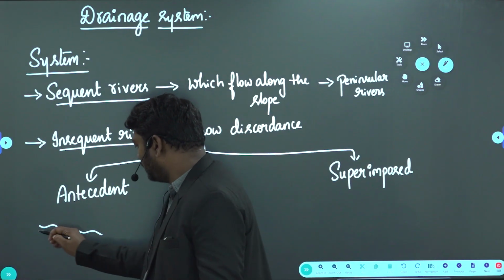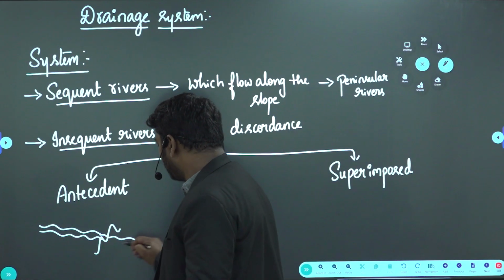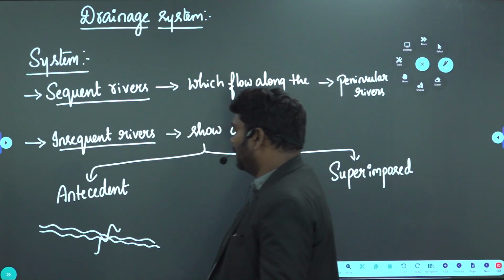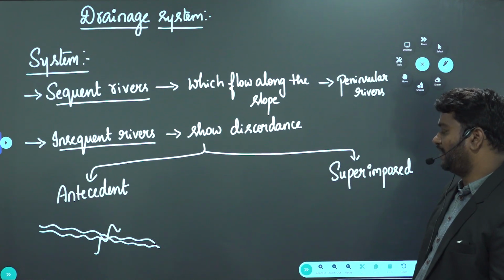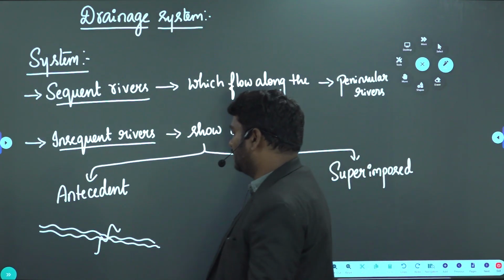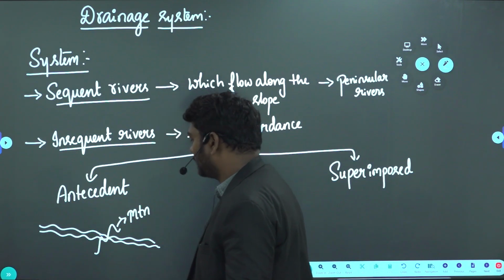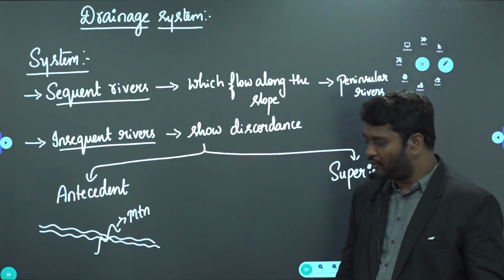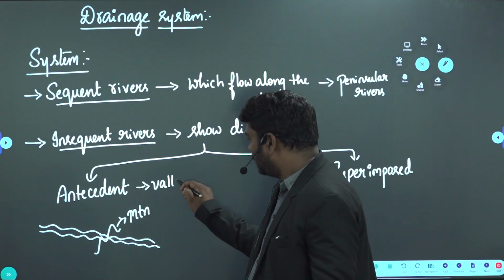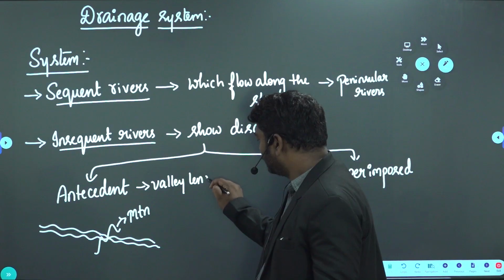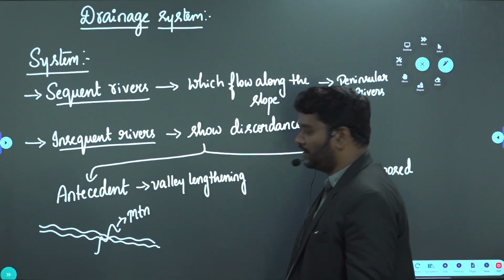When a river is flowing, if you observe a mountain, the river will erode the mountain and flow. Here there will be valley lengthening.